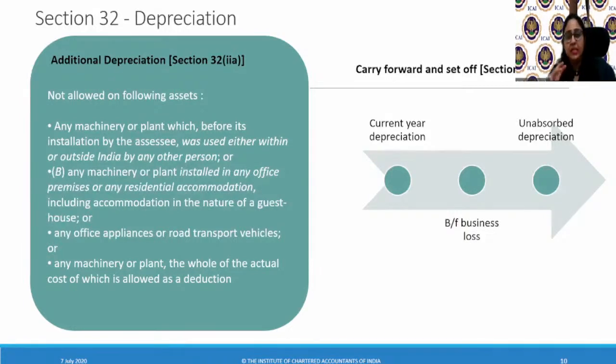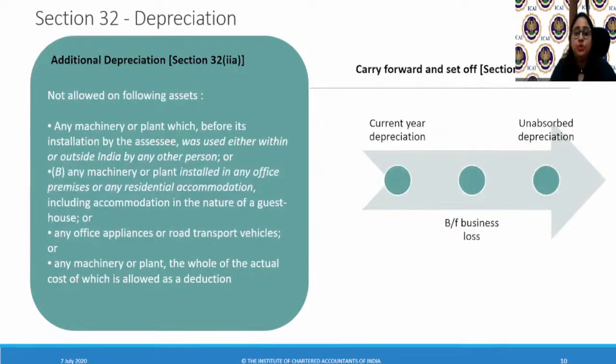If an air conditioner is used in factory, that is a plant and machinery eligible for additional depreciation. If an AC is put in office premises or a residential accommodation, that is not contributing anything in the production process or in the manufacturing process. On that AC, you will not get additional depreciation.